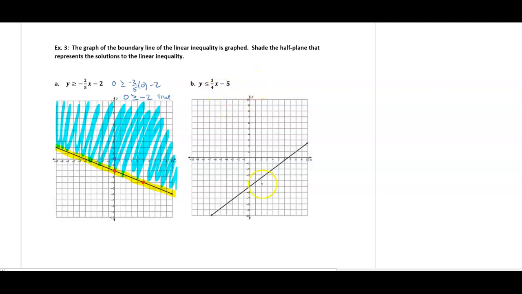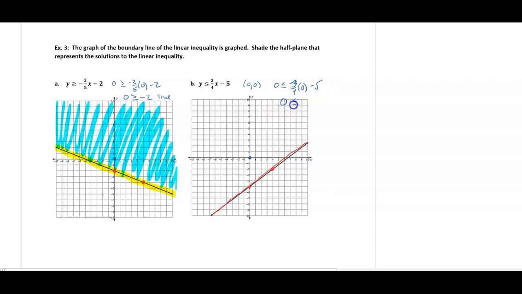So I would shade on this side of the boundary line. Now the next one, (0, -5), up 3, right 4. Notice that this here is your boundary line. Now we have to determine the shading. So again, the line doesn't go through (0, 0), so we're going to use that as our test point. Is 0 less than or equal to 3/4 times 0 minus 5?